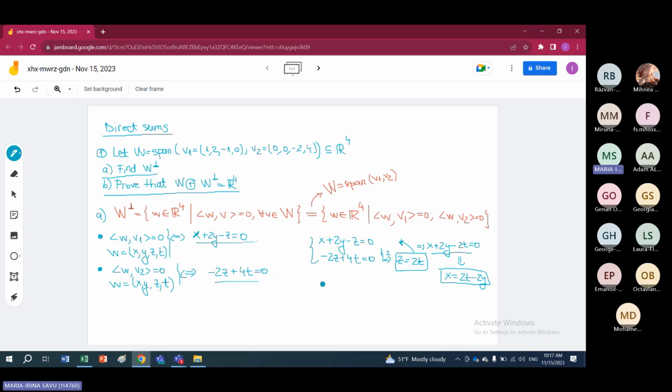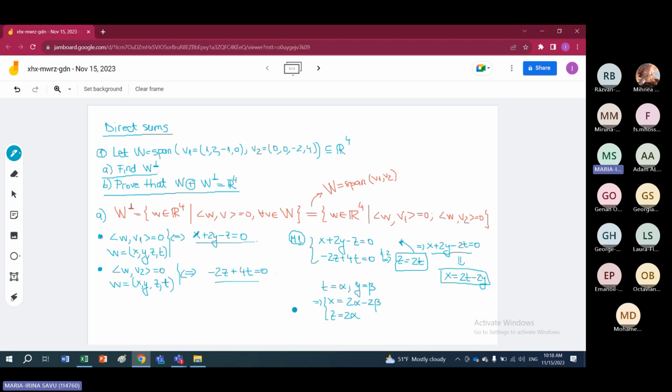Okay, so if you denote t by alpha and y by beta, you have that x is actually equal to alpha minus 2 beta, and z is 2 alpha. Okay, this is the first method.